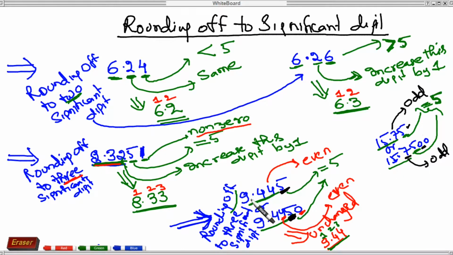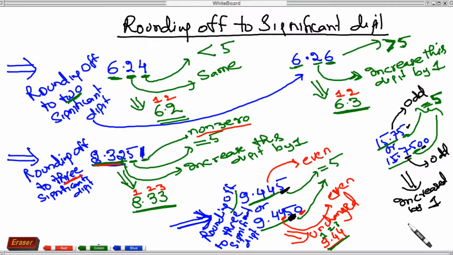Both cases are the same, but the previous digit was even earlier, and here the previous digit is odd. So when the previous digit is odd, the output will be increased by 1. Earlier, when it was even, it was unchanged, and here it will be increased by 1.